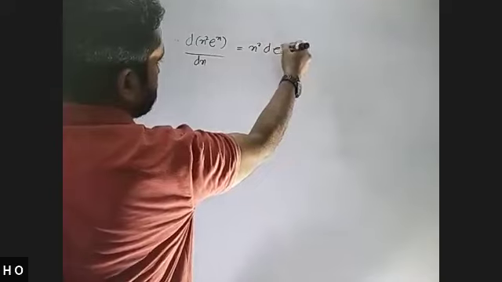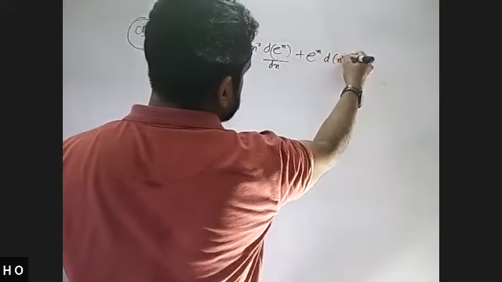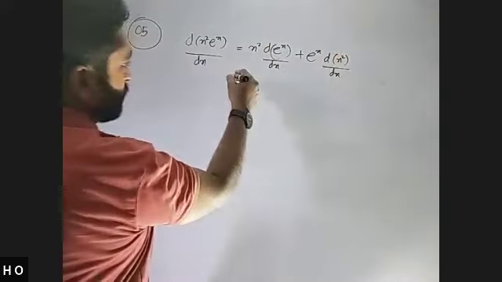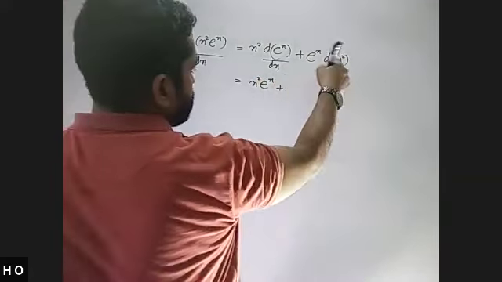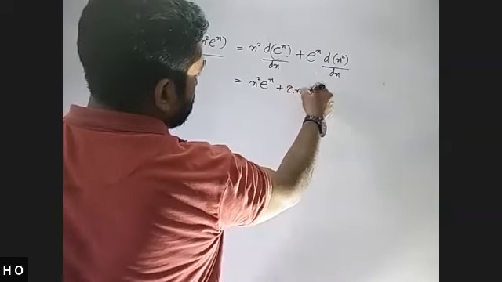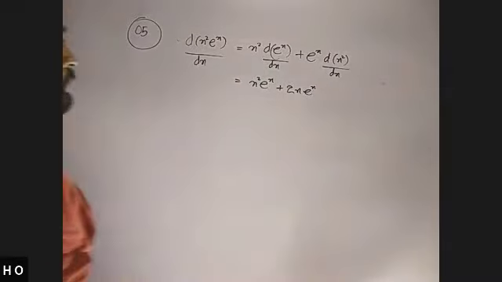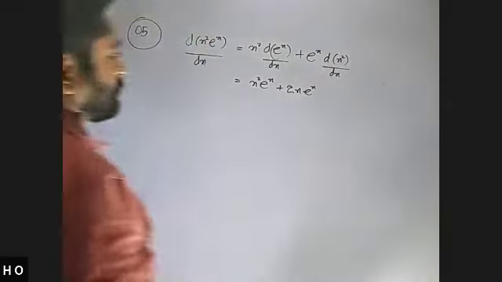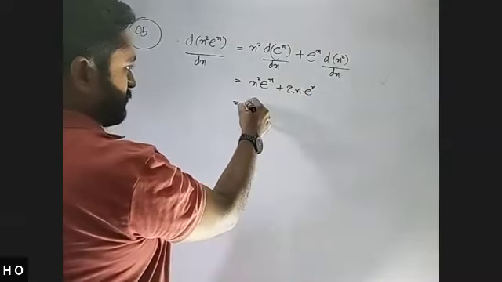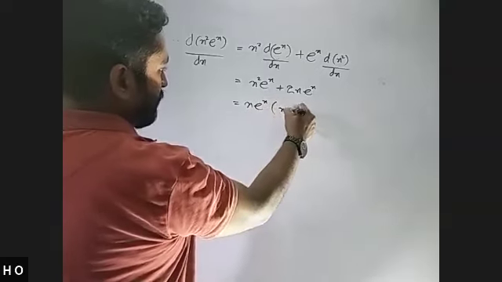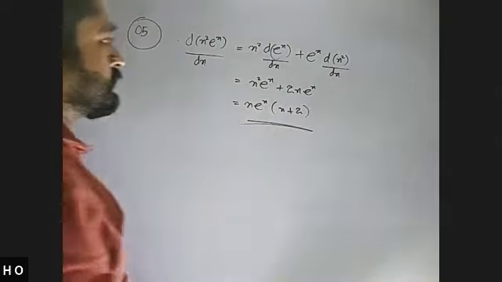Keep x squared, differentiate e to the x, plus e to the x, differentiate x squared. So it is going to be x squared e to the x plus 2x e to the x. You can even take x e to the x out, and you will have x plus 2. So x squared e to the x plus 2x e to the x.